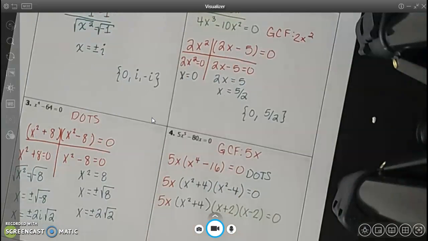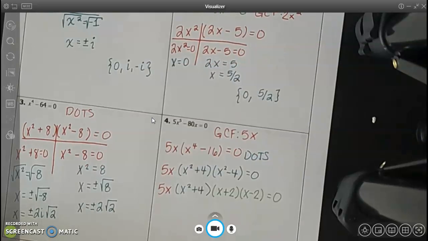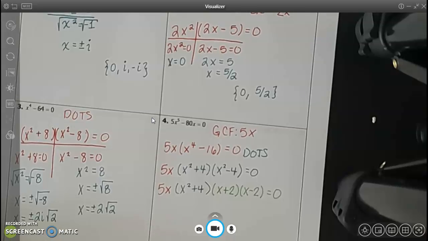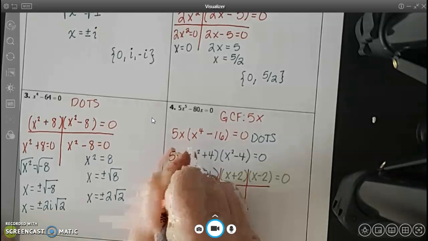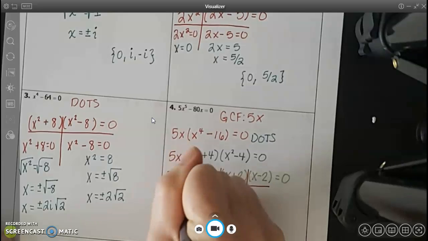Notice we have 4 factors here that we are going to set equal to 0. So we have 5x equals 0, x squared plus 4 equals 0, x plus 2 equals 0, and x minus 2 equals 0.